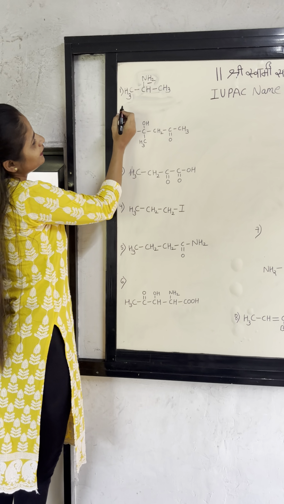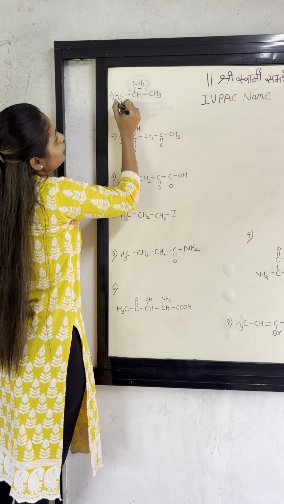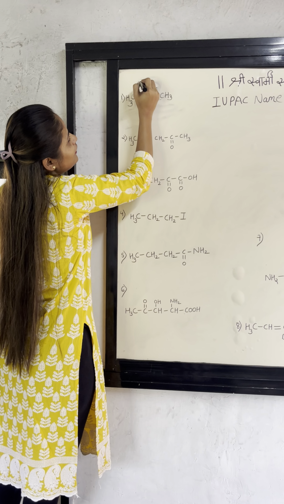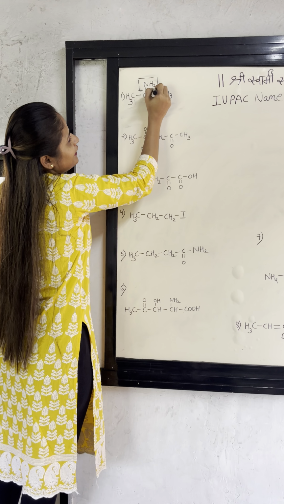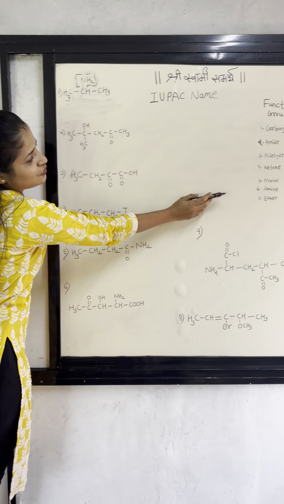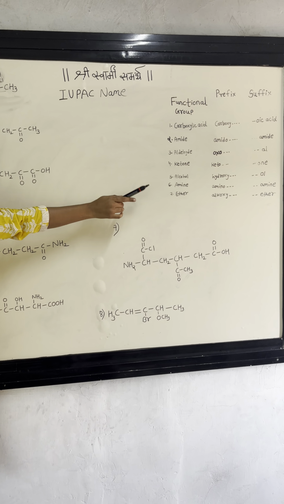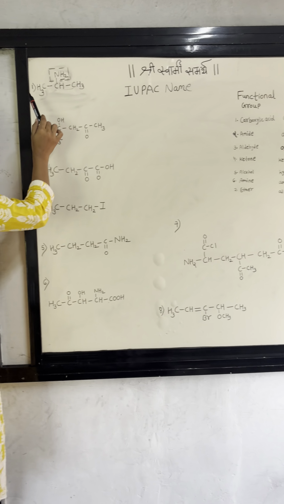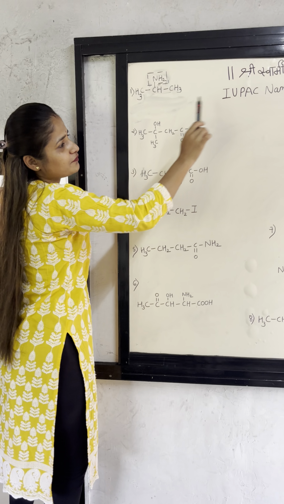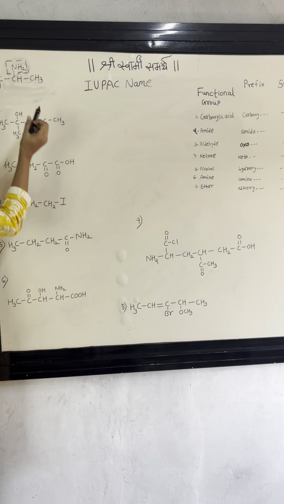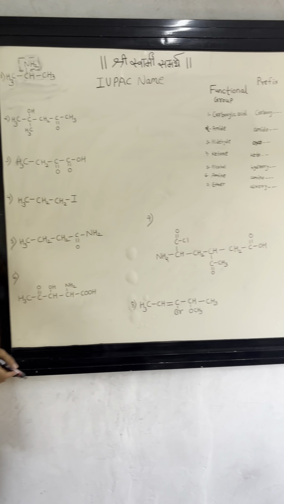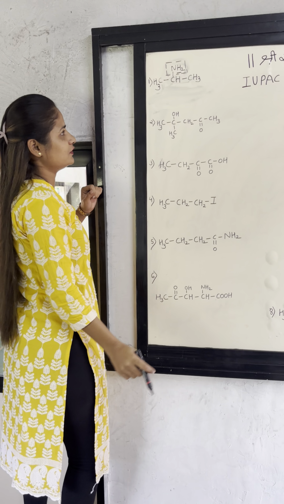So the first example is given here. You see here the main functional group is NH2, that is the amine. For amine, the prefix is amino and the suffix is amine. So this is the main functional group, so we are using the suffix amine. The first rule of IUPAC is to first label the longest chain of carbon.